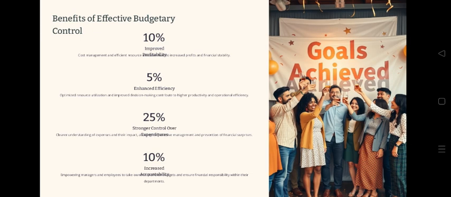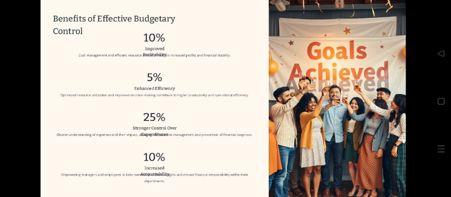So empowering managers and employees and the management to ensure financial responsibility within them. So every budgetary control focuses on a certain percentage improvement.